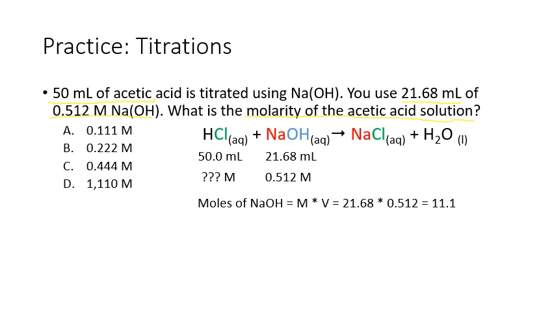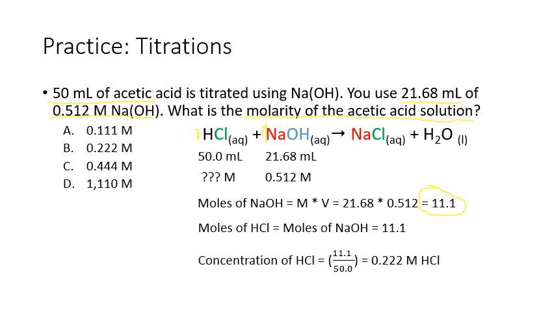So now we have a certain number of moles, that's the moles of base, and this is a 1-to-1 ratio. There's one base reacting with one acid. So if we divide this number here by the volume of the acid, that'll tell us the concentration of that acid. We know that the moles of acid equals the moles of base because this is a 1-to-1 ratio when you balance it. And then when we look at the next step, we divide by the volume.